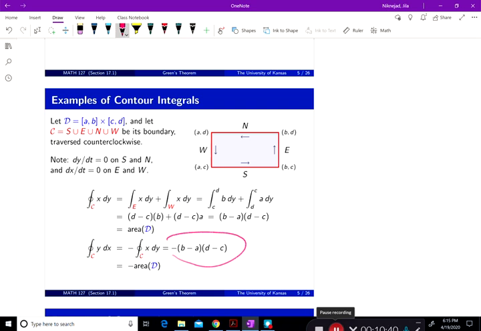So this is going to give you an insight on the theorem that we're going to discuss in the next video.